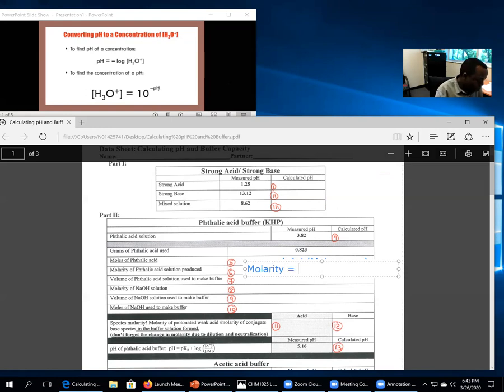Number of moles over volume in liters. This is the equation we need for the molarity of the phthalic acid produced. From line 5, you'll get the number of moles. All right. Now, where is the volume in liters? Which volume are we going to use?